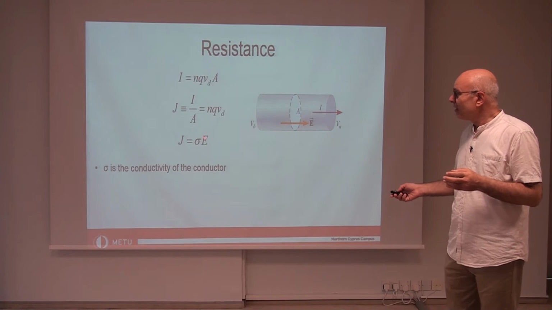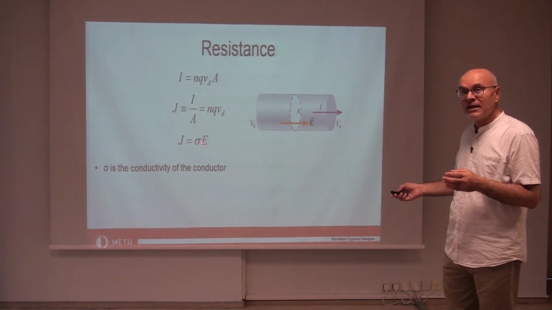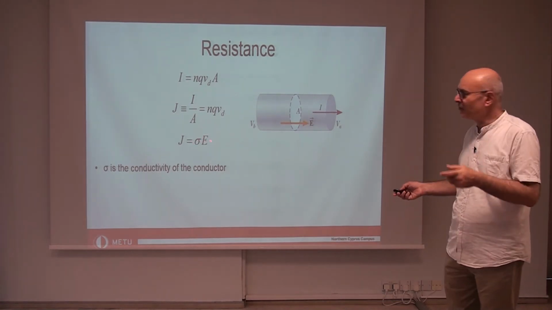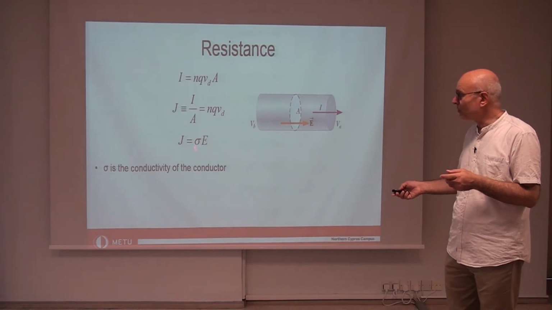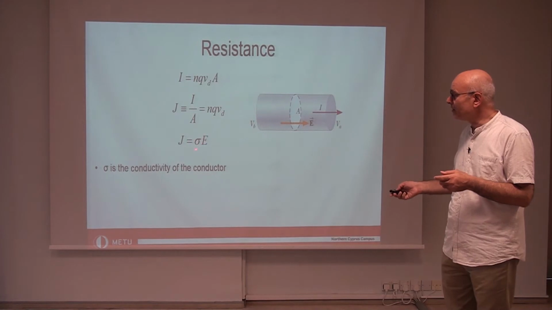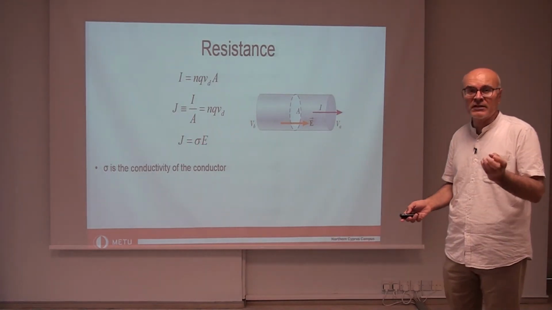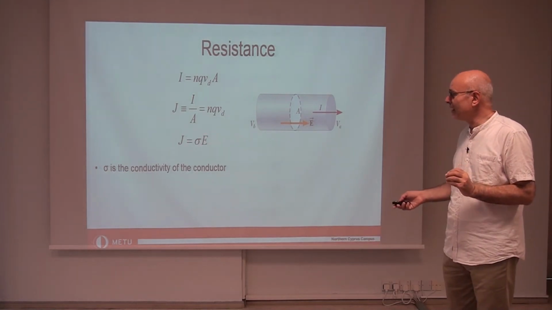And therefore, the relation between the current generated when you apply a given potential difference or a given electric field is actually constant. The proportionality constant here, sigma, doesn't depend on E.